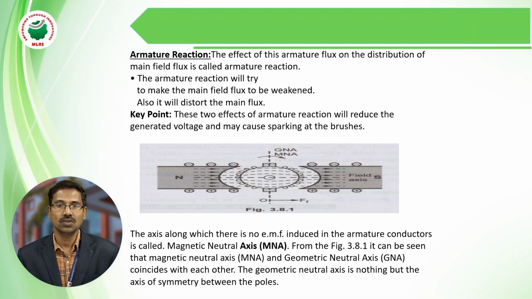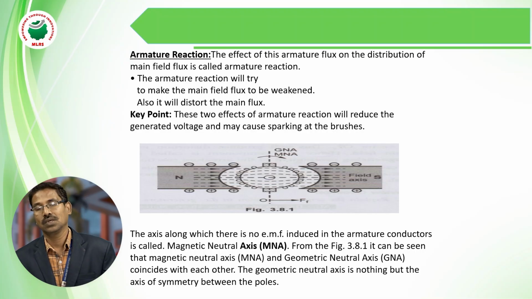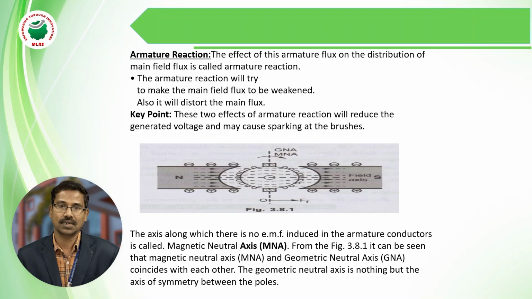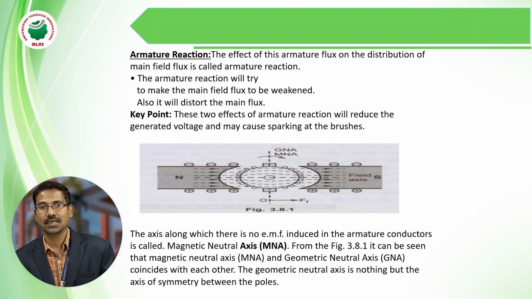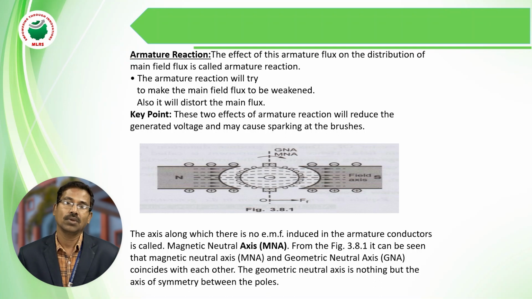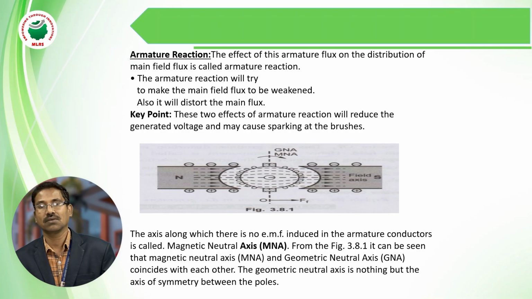Due to the cross magnetizing effect, the main field gets distorted in the air gap. Due to this distortion in the main field, sparking takes place at the surface of the brushes.